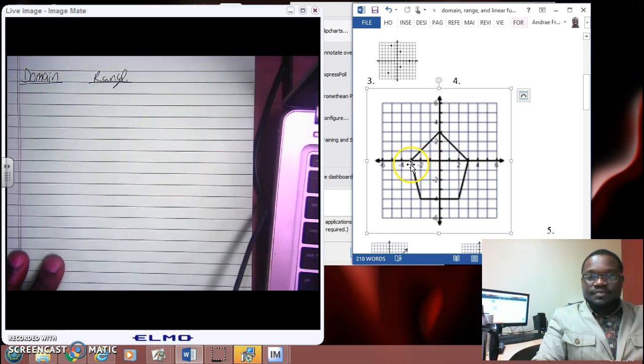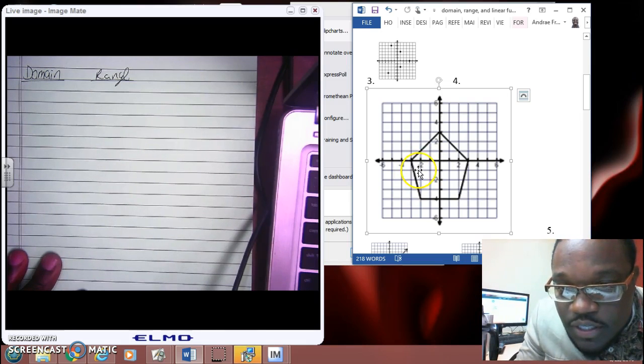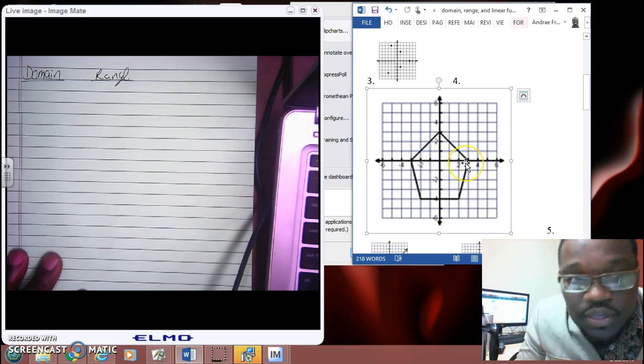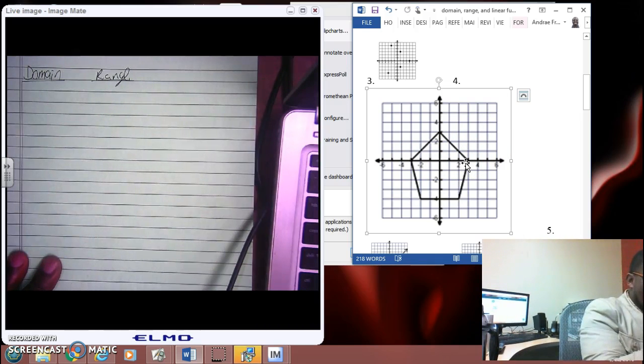My domain is going to be all the numbers that's between -3 and 3. You see that? As far wide as this thing goes, the smallest number is -3 and 3. So how do we write that? There's a couple of ways to write that.